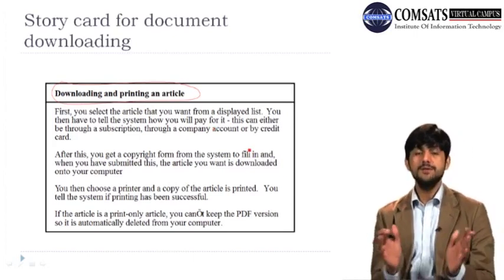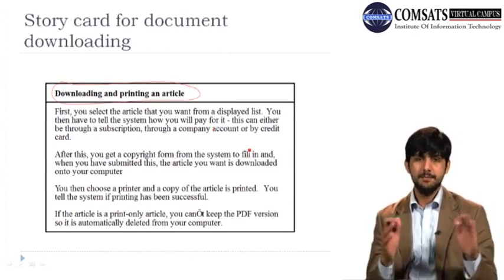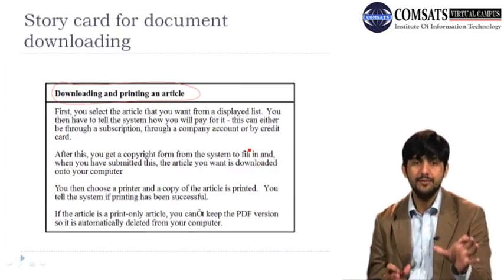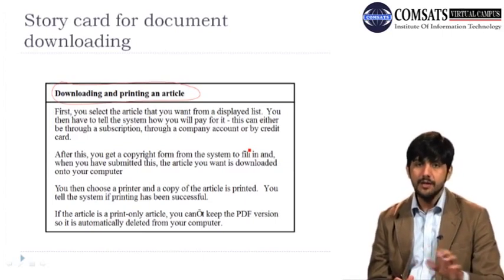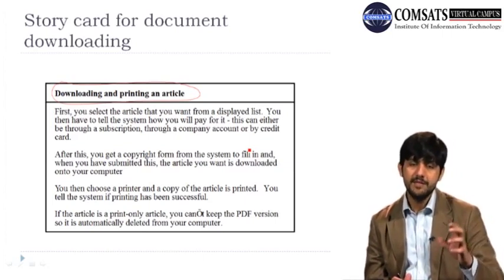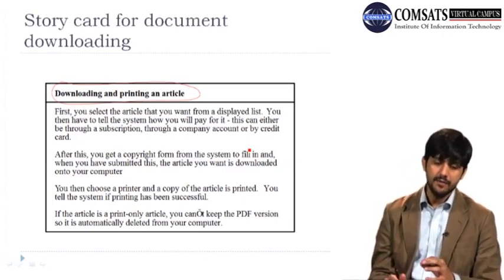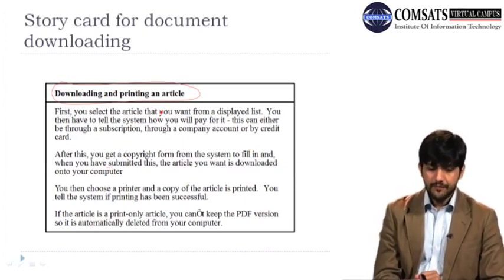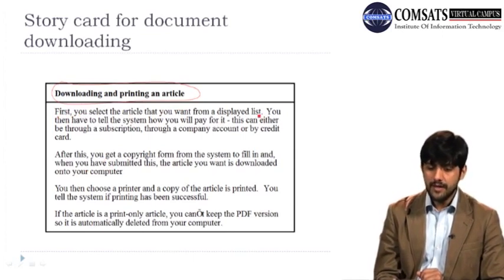Now imagine that this is the story that the client has explained to you, or helped you develop, for downloading and printing an article. There are lots of small tasks that different people would be responsible for. How is that actually achieved? If we look at this statement, the first thing is that you need to display all the articles.